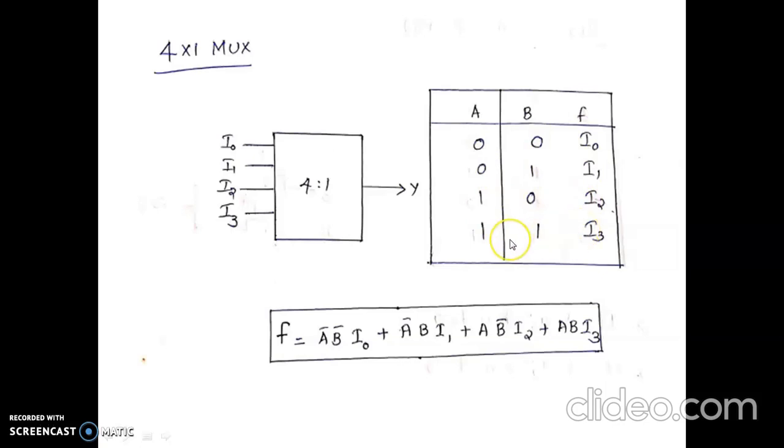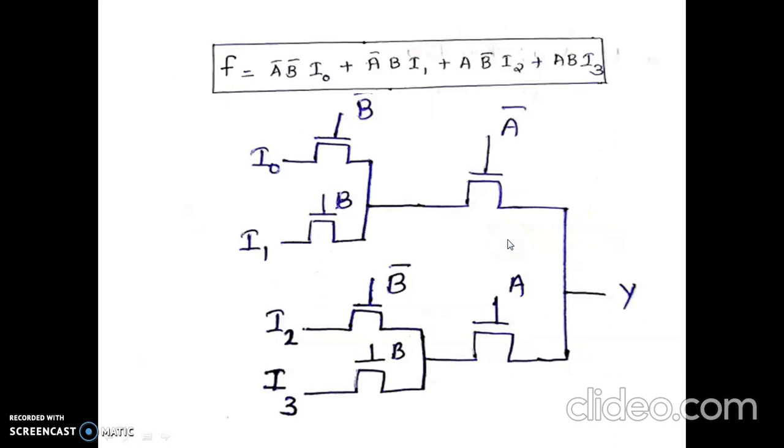From this expression, we have to implement this PTL. This is our expression. Taking these two terms, A bar is common here, and A is common from these two terms.